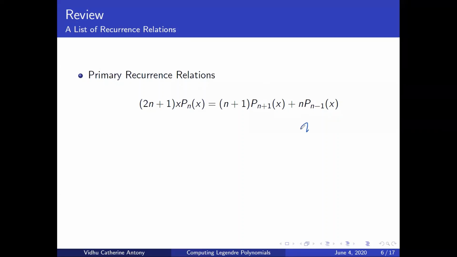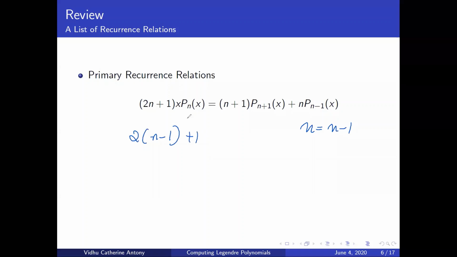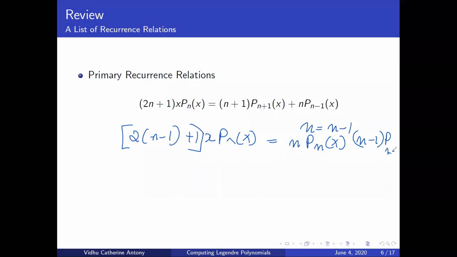So if you substitute n is equal to n minus 1, what you end up getting is 2 into n minus 1 plus 1, you get an x. Pn of x is equal to, this becomes n. You get a Pn of x, and you get an n minus 1 into Pn minus 2 of x.